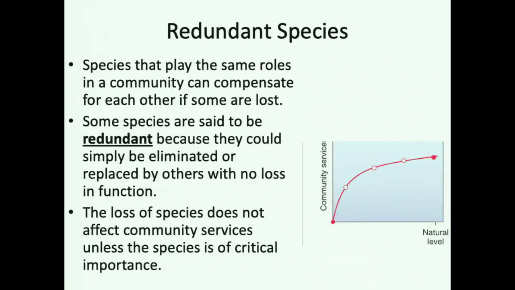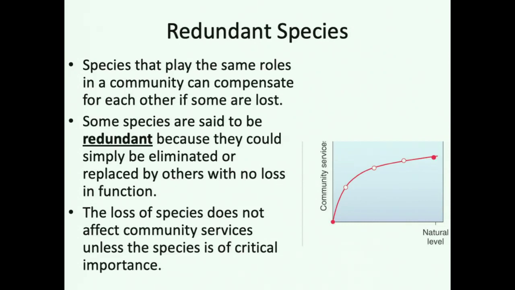So another way to look at communities is redundancy. So what role do they play? Are there 12 different species that all provide the same function? So are there 12 different pollinators? If so, then maybe loss of one is not going to be as important as loss of anything else. So this is a little bit different than the dominant species idea, where certain species are more important than others.